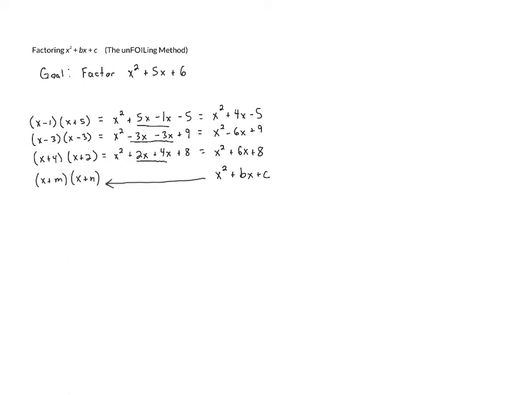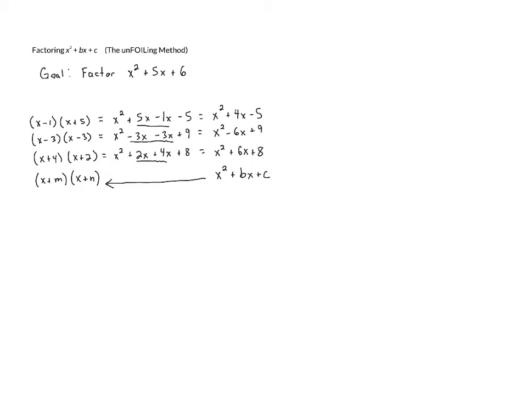And I'm going to use m and n to represent those. So in these problems, we're going to be given a trinomial in this form, and when we factor it, we know we're going to end up with a product of two binomials.